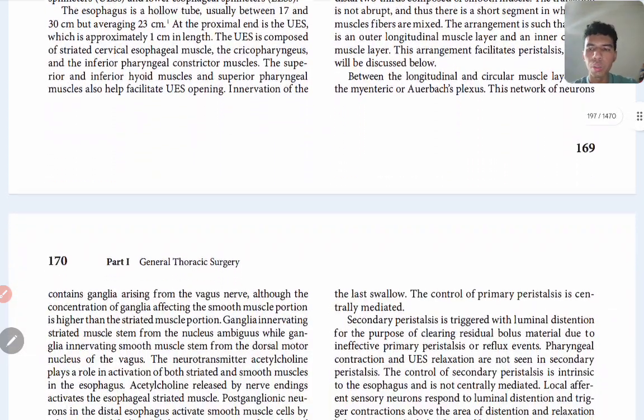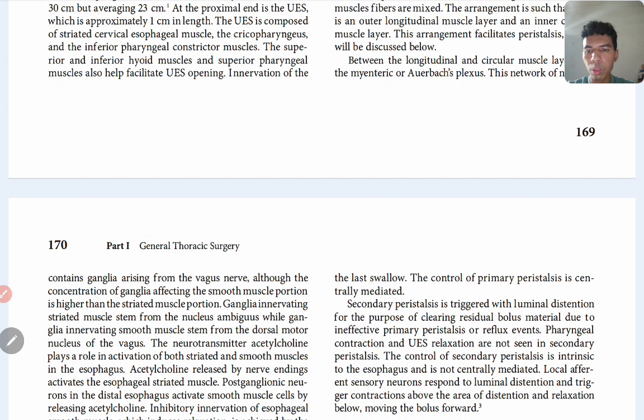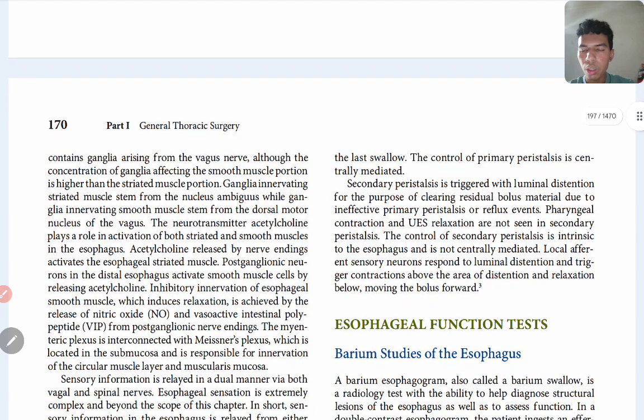This network of neurons contains ganglia arising from the vagus nerve, although the concentration of ganglia affecting the smooth muscle portion is higher than the striated muscle portion. Ganglia innervating striated muscle stem from the nucleus ambiguus, while ganglia innervating smooth muscle stem from the dorsal motor nucleus of the vagus.